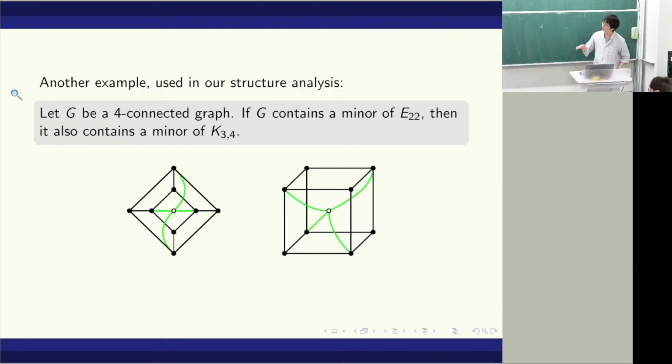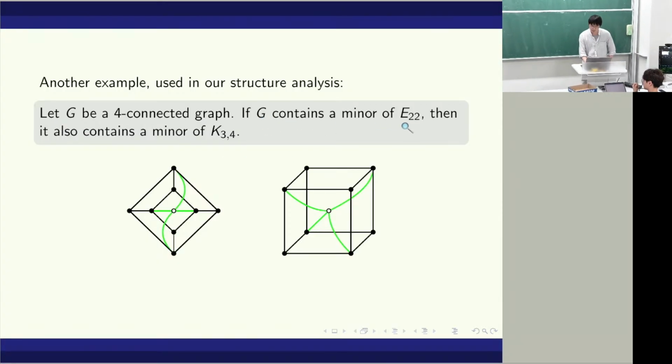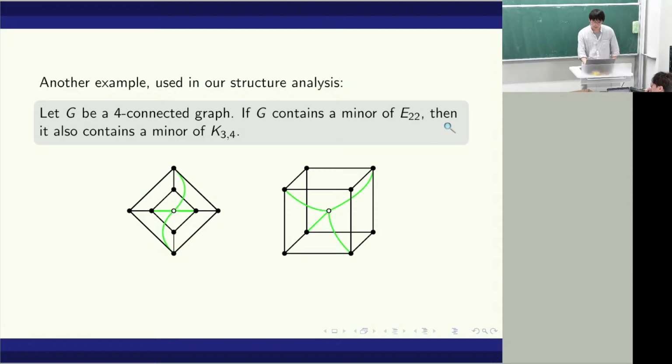Here I present another example that we do in our structural analysis. We consider a 4-connected graph G. If G contains a minor of E22, then it also contains a minor of K34. That is just our setting.